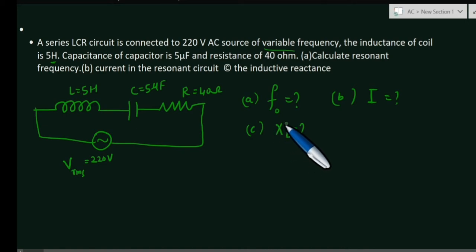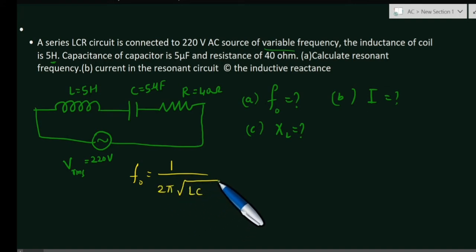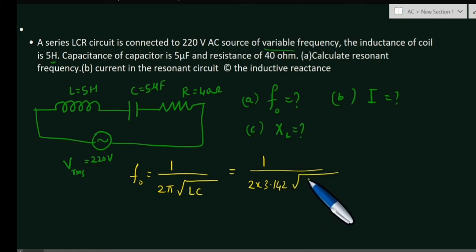So first we have to calculate the value of F0. We have F0 is equal to 1 divided by 2 pi root LC. So substitute the values given: 2 into 3.142, root of L value, that is 5, and C value 5 into 10 to the power minus 6, since micro means 10 to the power minus 6.